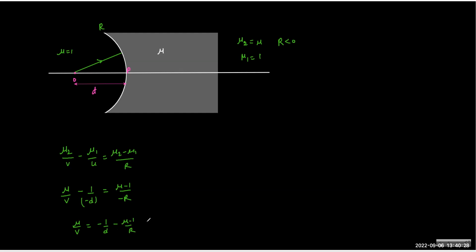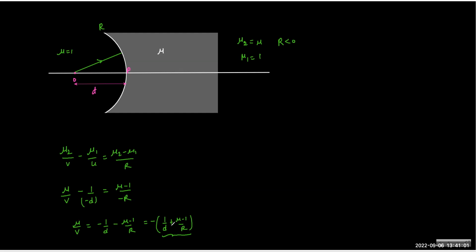So this entire term is positive, right? Yes. And the minus before will make it negative. So what do you see here? In this case, there is no question of a real image. Do you realize this? Yes.